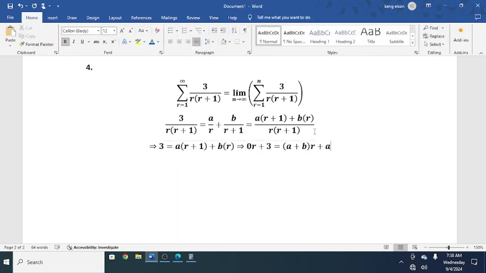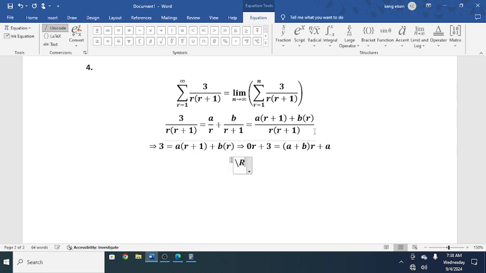So from here we can easily equate terms: the constant term on the left hand side is 3, on the right hand side is A. The term in r on the left hand side is 0, on the right hand side is A plus B, which just means that A will be equal to negative B. Or we can say B will be equal to negative A, which will be negative 3, since A is 3.